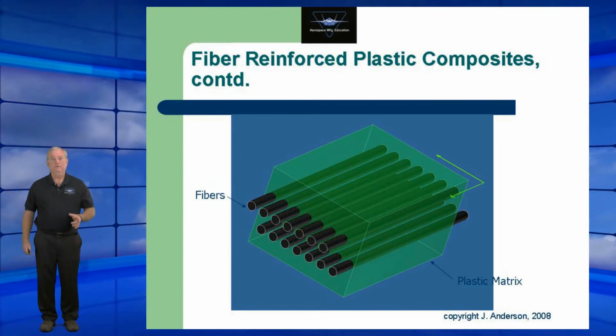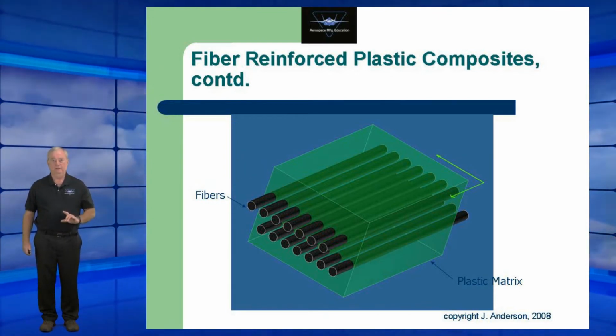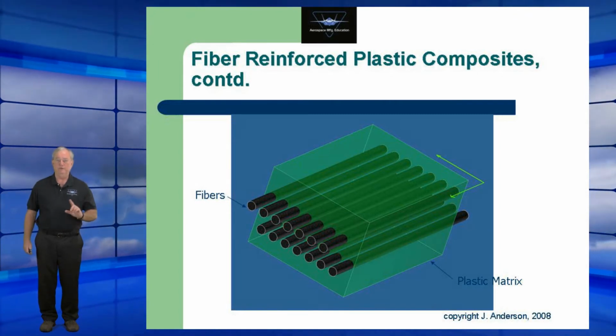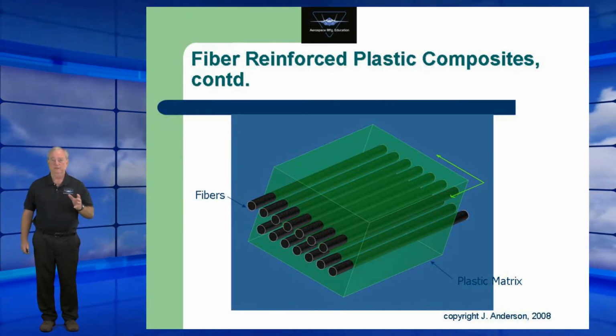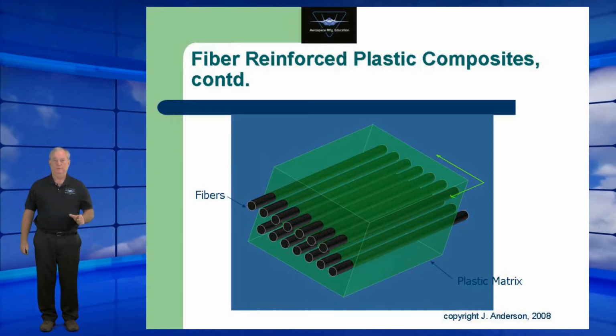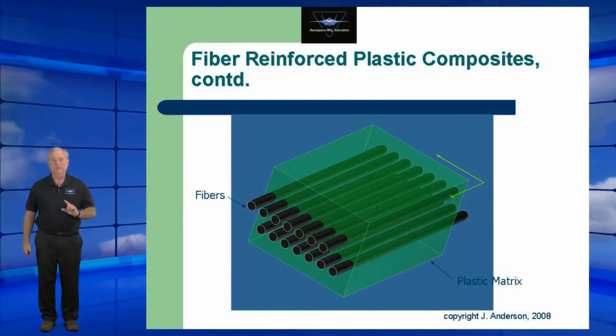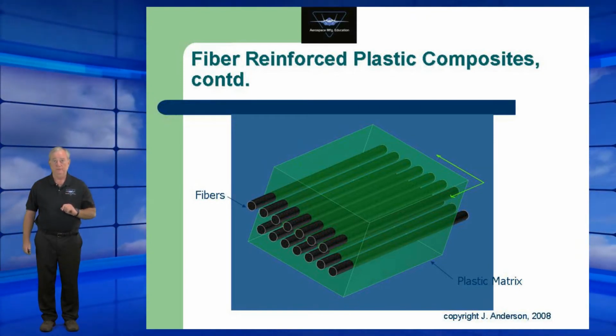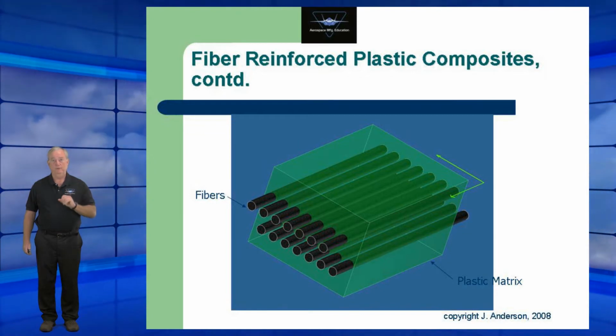But sometimes you need to fabricate a graphic that gets the idea across, and we want to make sure that they understand this contribution of fibers versus the plastic and how those two work together. So in this case, we made our own graphic to illustrate that principle, and you see that here.